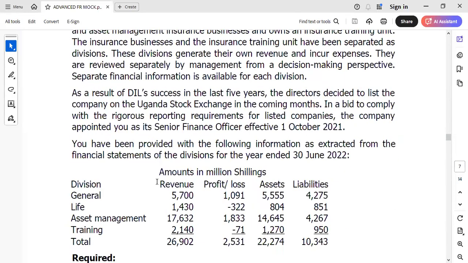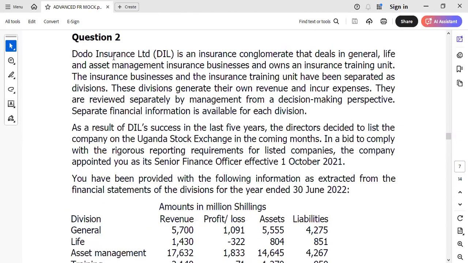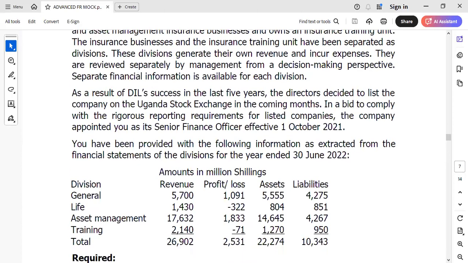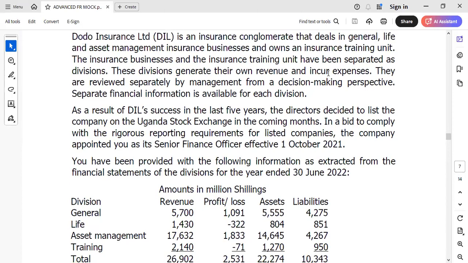So, what are we given? We are told that DIL is an insurance company that deals in general life and asset management insurance businesses and owns an insurance training unit. The insurance businesses and the insurance training unit have been separated as divisions.